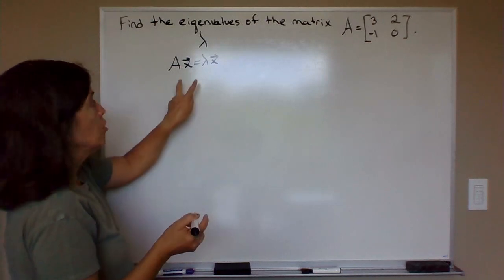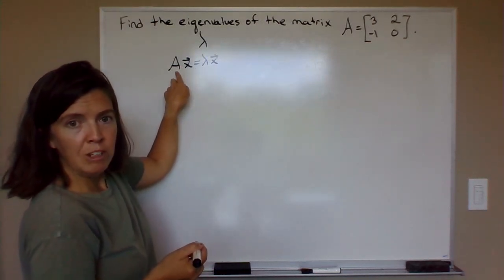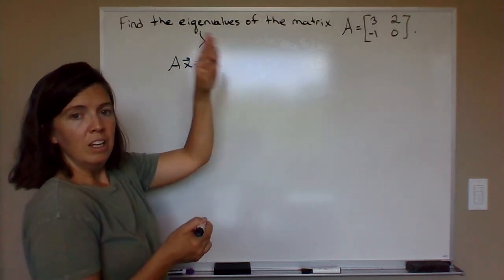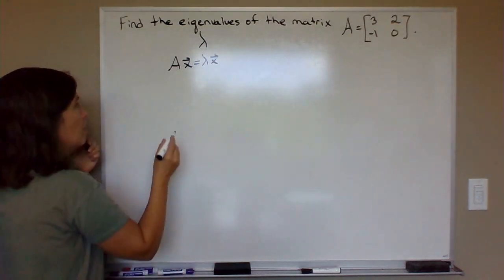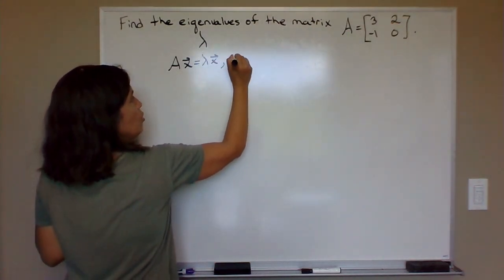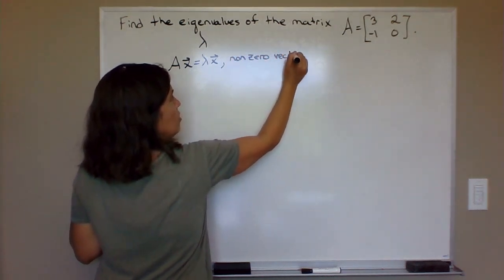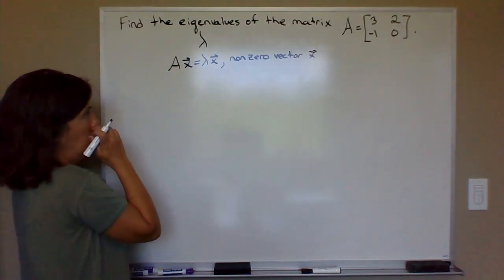So eigenvectors are non-zero vectors x where, when you multiply a matrix A times x, what you get doesn't change direction at all. It just changes length. So it's just a scalar multiple. And so again, this is for a non-zero vector x. That's important for the logic that I want to run through real quick.